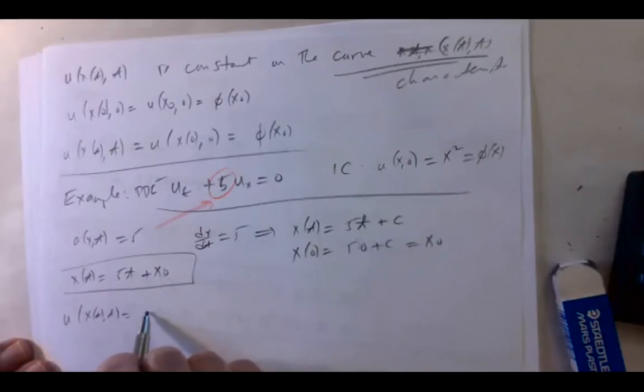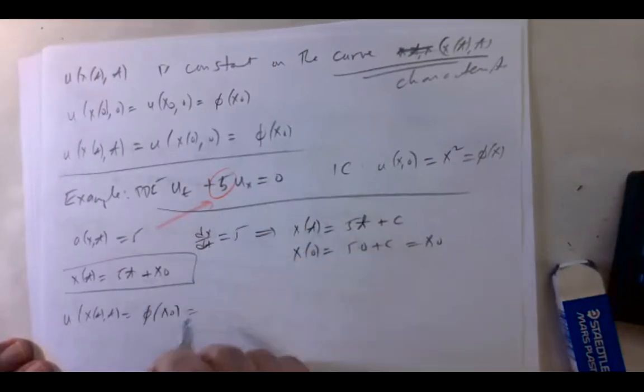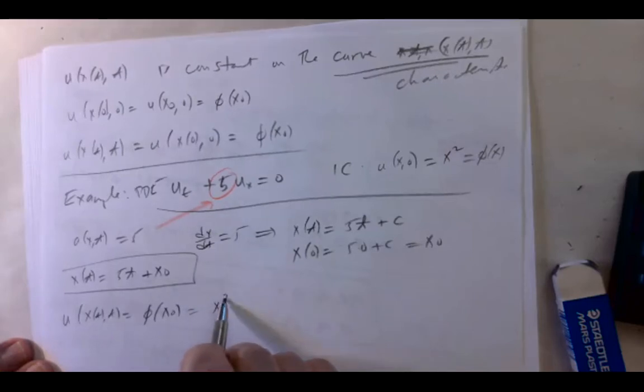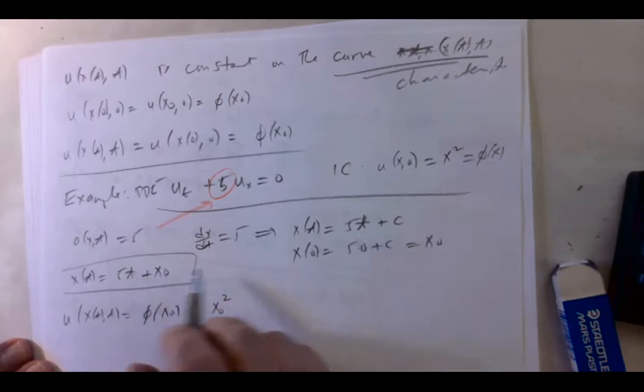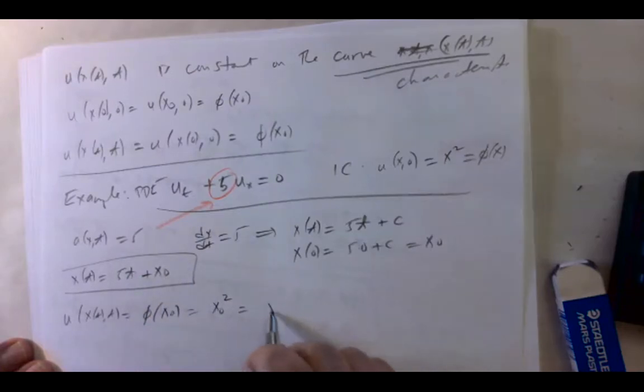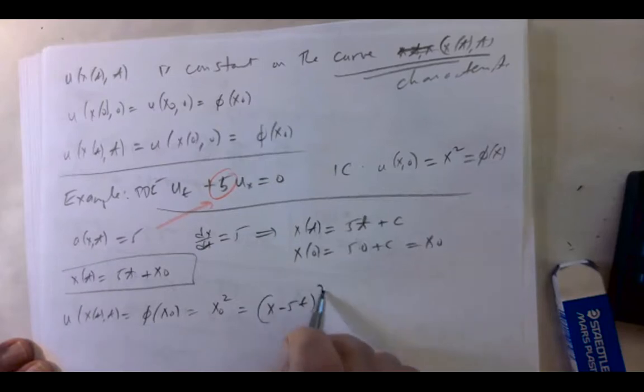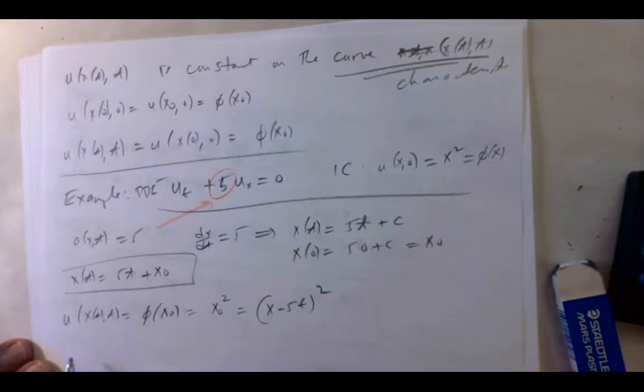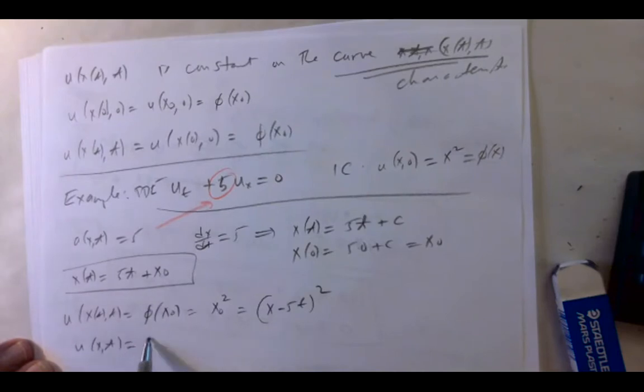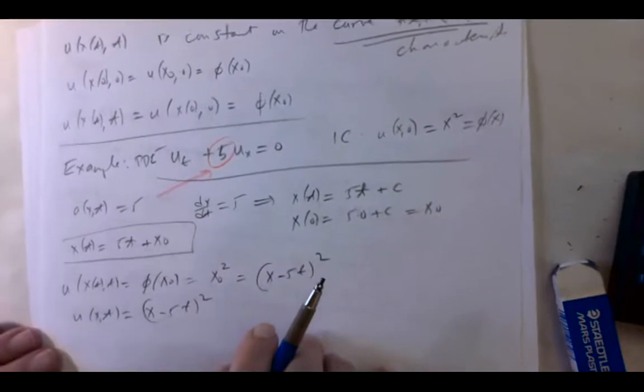So this is phi of x0, which is x0 squared. What is x0? x0 is x minus 5t. So I get u of x,t is equal to x minus 5t, squared.